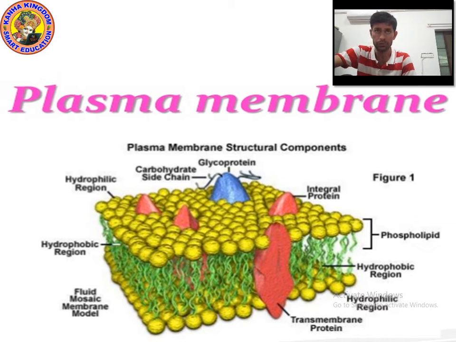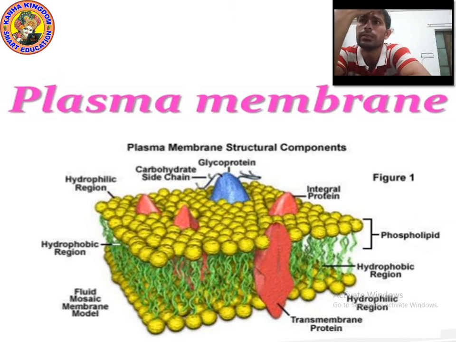I hope that you understood about plasma membrane: it is the outermost covering of the cell that separates the cell from the external environment. It is a semi-permeable membrane.